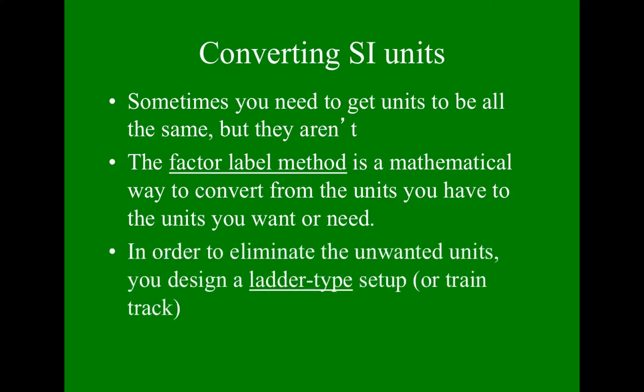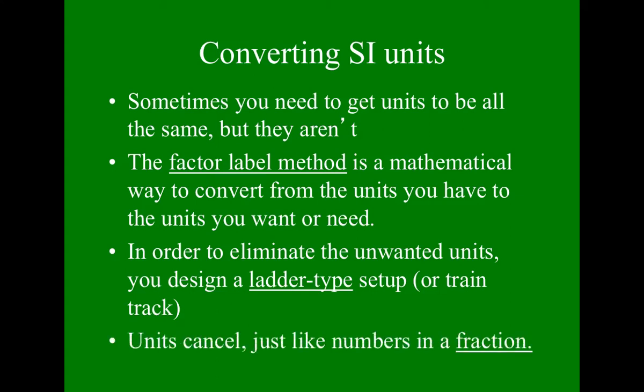To get rid of the units that you don't want, you design a ladder type setup or a train track. When you put the units in correctly, the units cancel just like the numbers in a fraction. And the easiest way to show you this is to do an example.